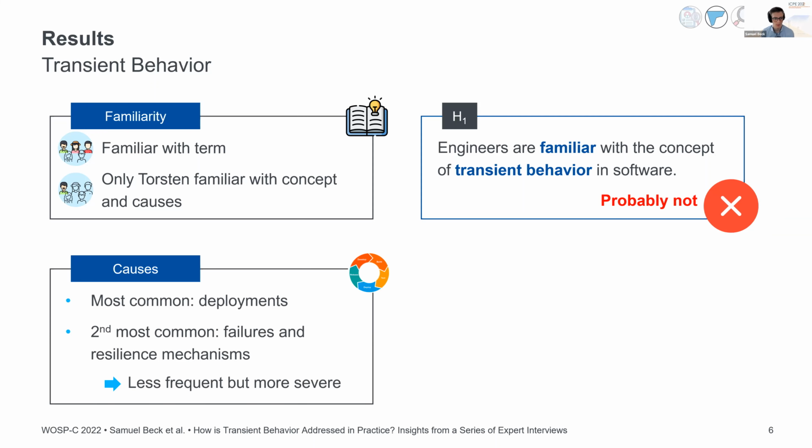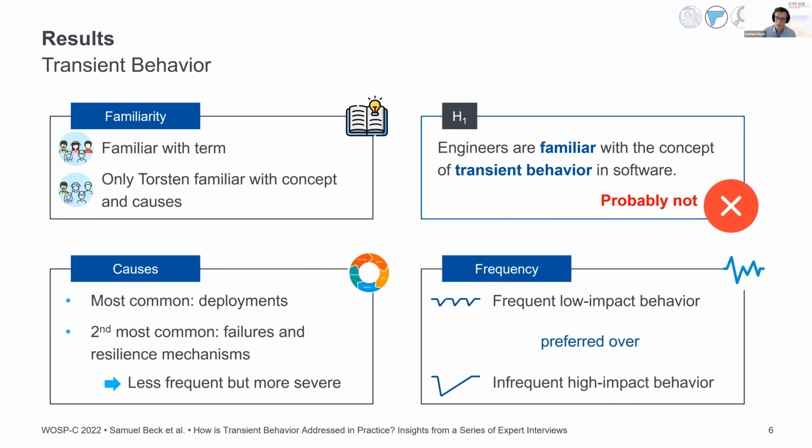We also asked them about the causes for transient behavior that they experience in their systems. And all 5 of them claimed that the most common cause for transient behavior are deployments, followed by failures and resilience mechanisms, although these happen much less frequently than deployments. However, the consequences of transient behavior introduced by them is much more severe.